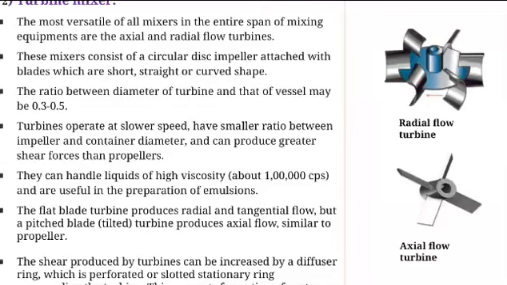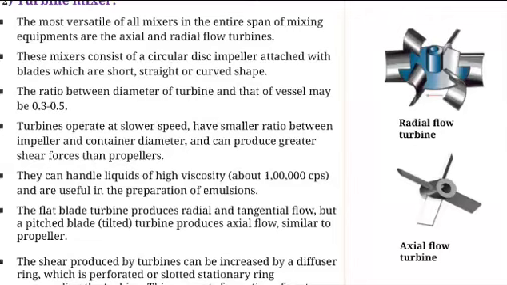The turbine operates at slower speed, has a smaller ratio between impeller and container diameter, and can produce greater shear force than propellers. They can handle liquid of high viscosity, about 1 lakh centipoise, and are useful in the preparation of emulsion.